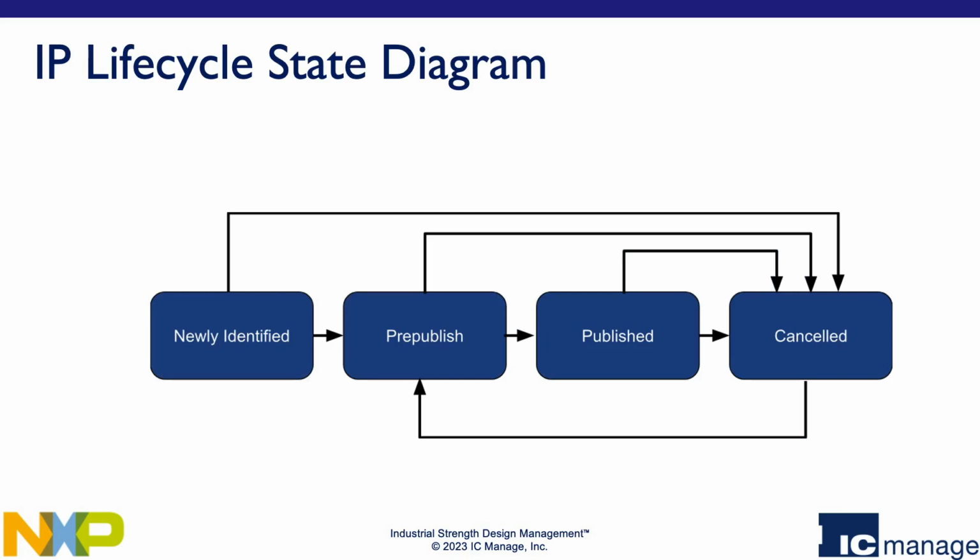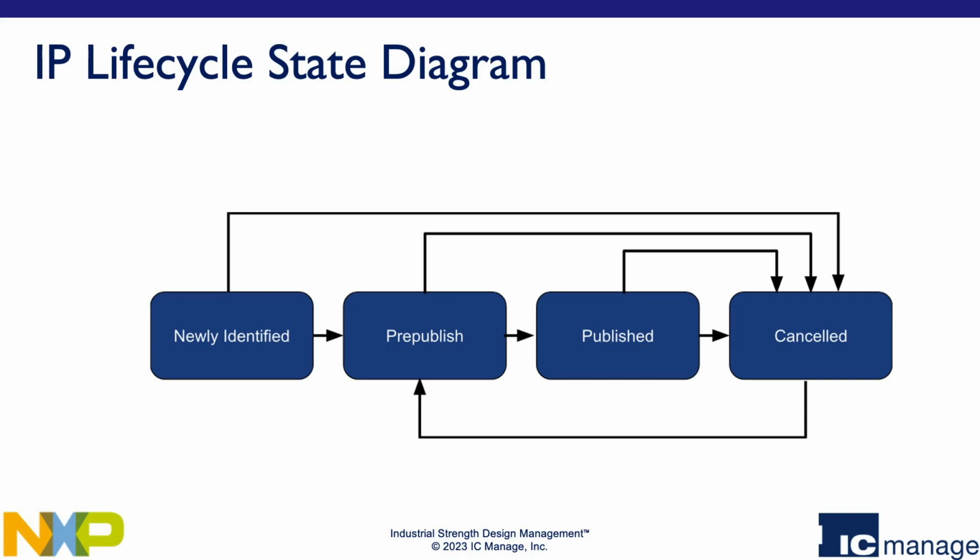As part of the IP catalog workshops at NXP, the team agreed on a specific set of IP states to enable IP developers and their managers to keep track of IP as it moves towards being published or reusable. The IP catalog search utilities can filter out search results for IP consumers so that they only see IP that is published.